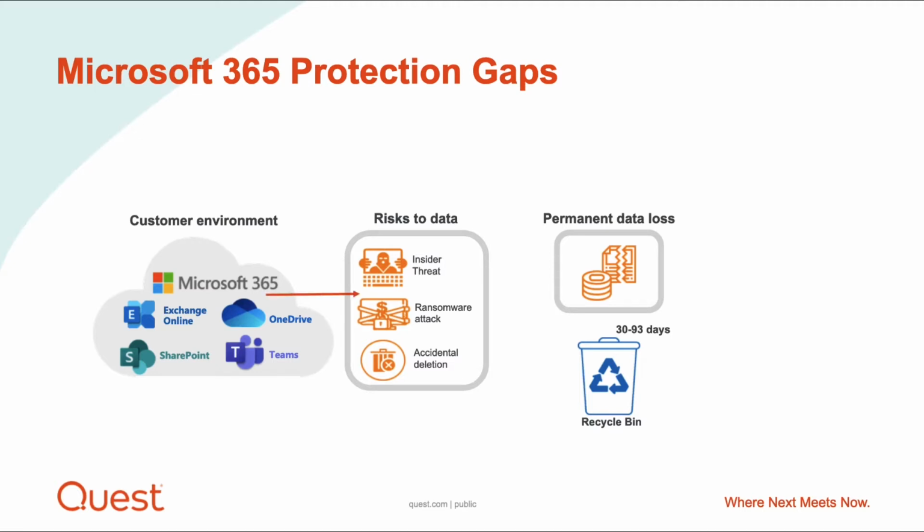So if we now think about some of the risks to data, I get questions quite a lot actually about the first one, the insider threat, the disgruntled employee. There are a couple of things you can do around this. One is to automate your leaving policies and getting people off of your systems in terms of access.